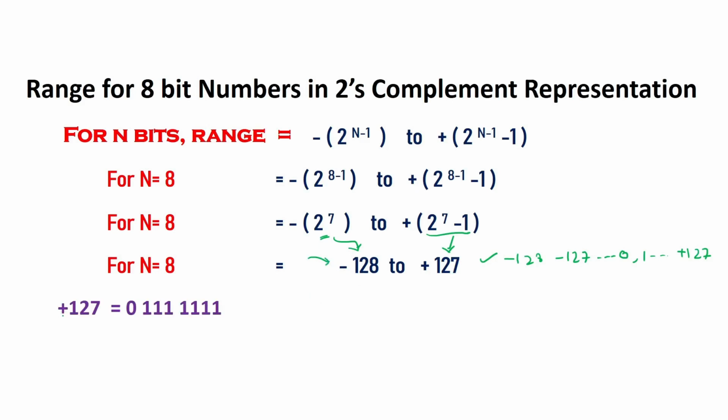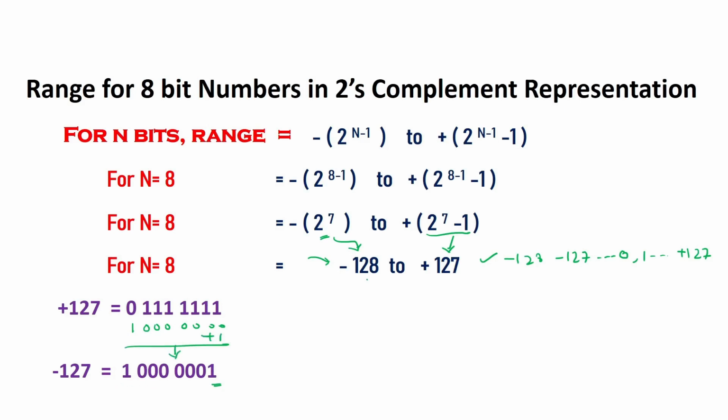Now just to tell you, plus 127 can be represented this way in case of 2's complement, and minus 127 can be represented this way. For minus 127, what were the steps? First you represent plus 127, then you flip the bits, and after flipping you get this one, and then you simply add 1, so you get this answer. This is minus 127.